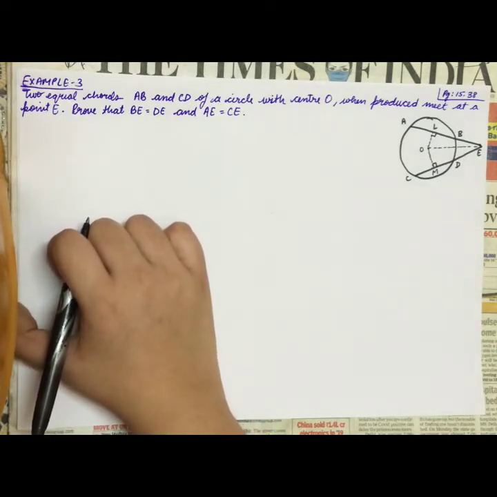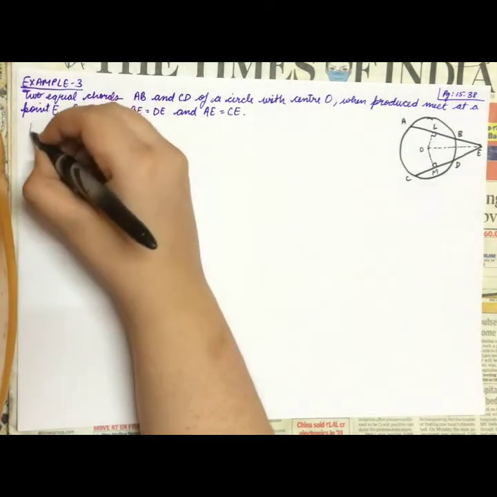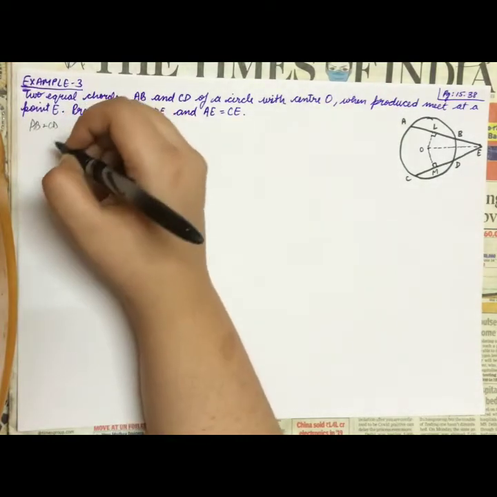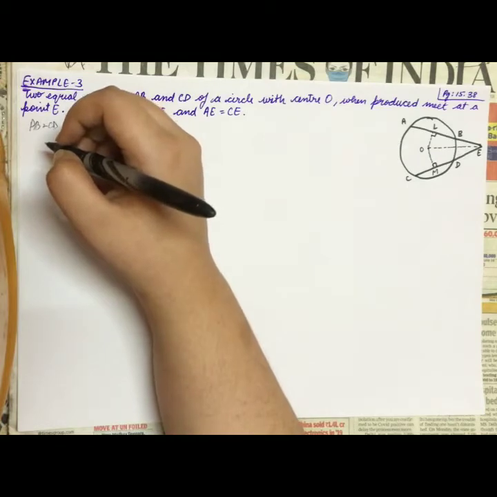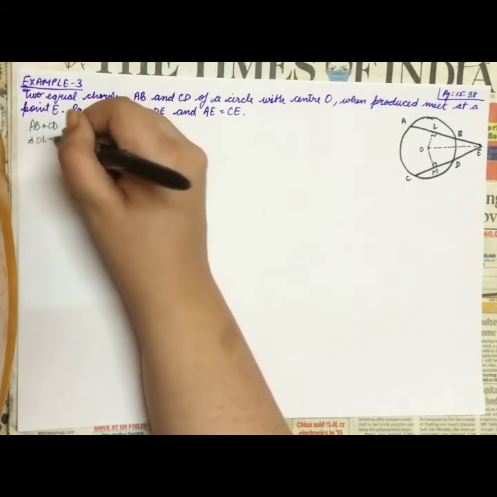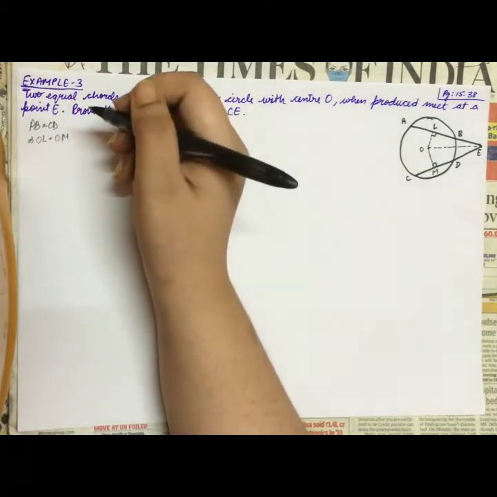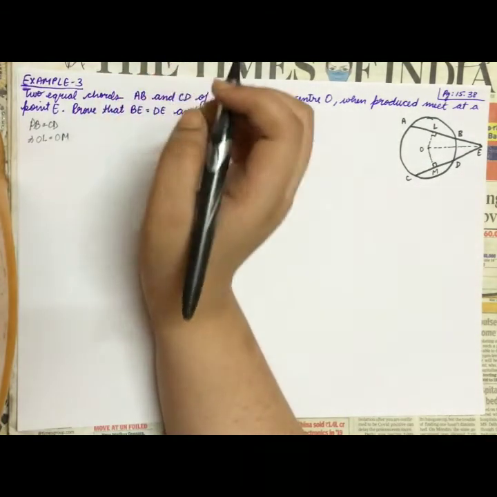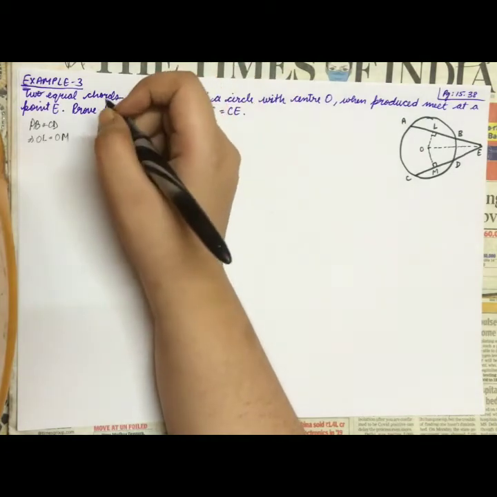Now since it is given that AB is equal to CD, therefore we can say that OL is also equal to OM. Why? Because chords equal in length are equidistant from the center.